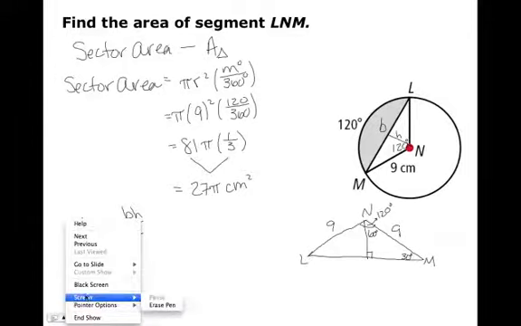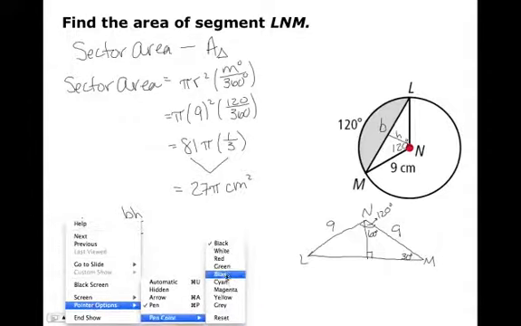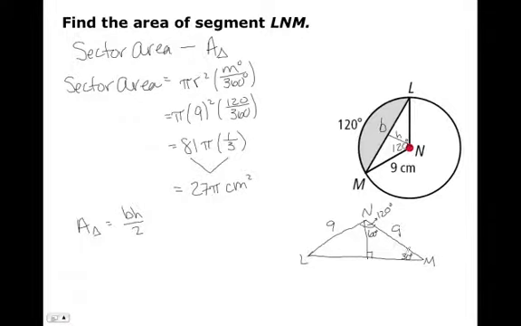Now I can come over here and remember that across from the 30 is x, across from the 60 is x square root of 3, and across from the 90 is 2x. So when we divide both sides by 2, we get that x equals 4.5.